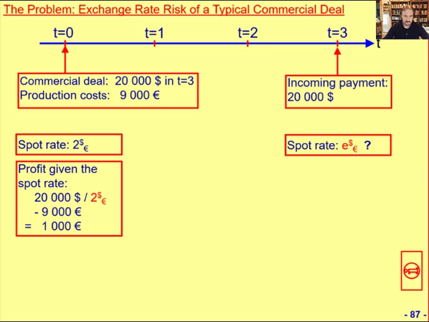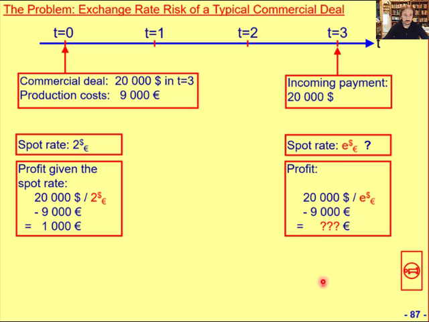If 3 months ahead the present spot rate of $2 per euro were still given, we would make a profit. However, we do not know what the future spot rate will be, so we do not know what the future profit will be.